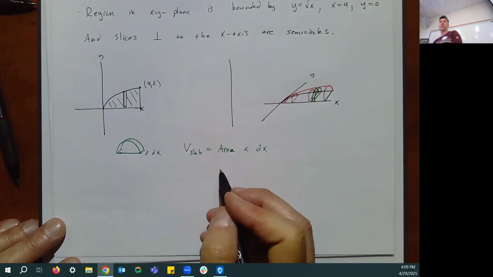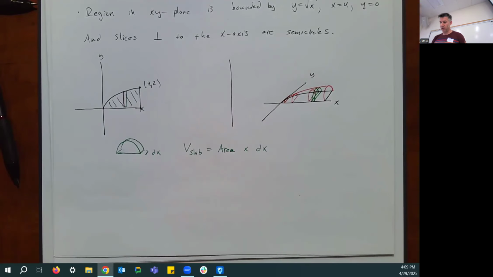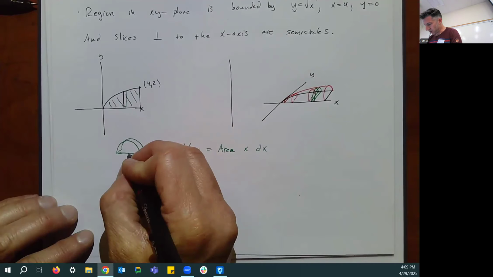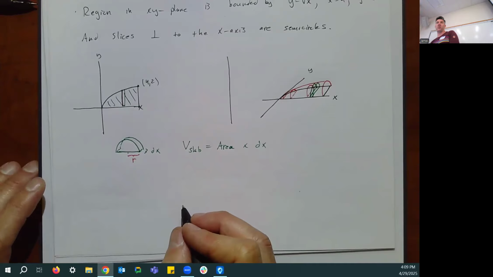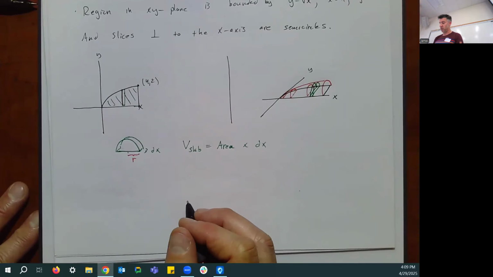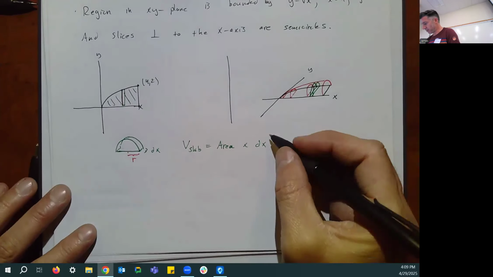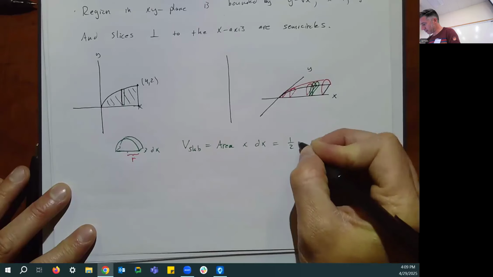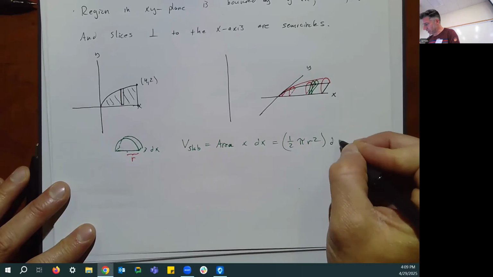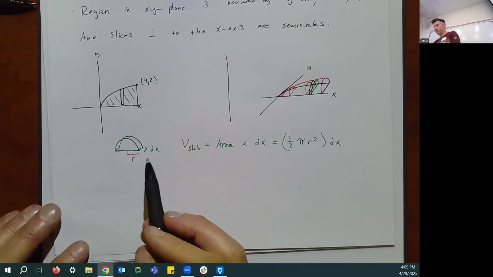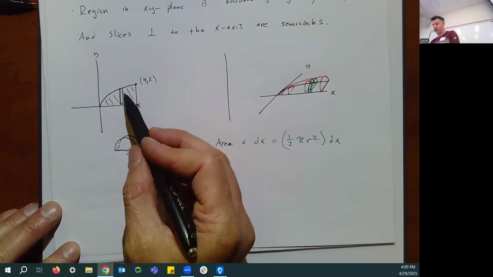The area is the area of a semicircle. And if I knew what the radius of my semicircle was, the area of that semicircle would be 1/2 pi r squared, times dx. So now our job is to figure out what that radius is in terms of that function there.